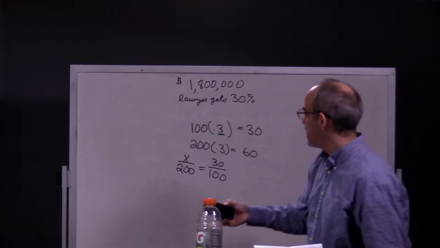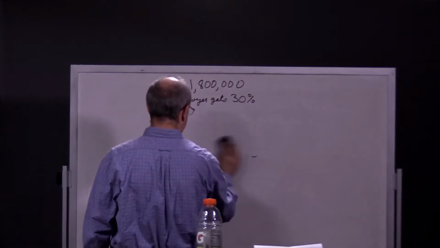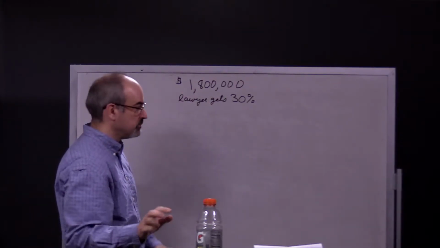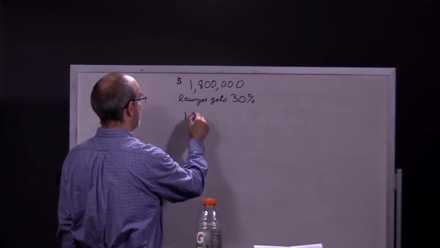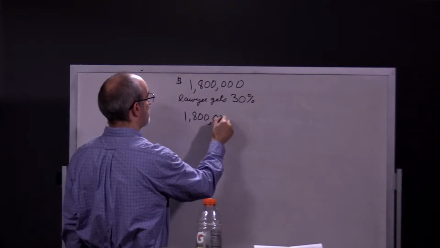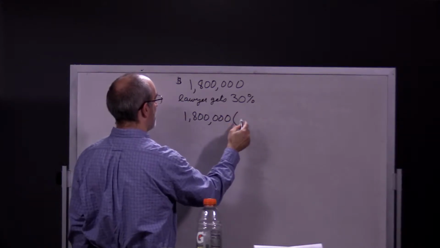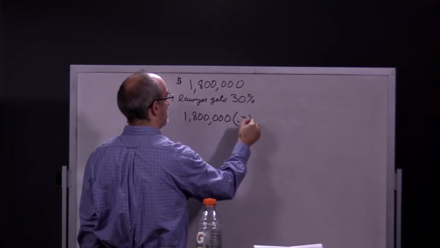So let's go back to our example. If I want to know how much I have to pay the lawyer, I just have to multiply 1.8 million by 0.3.